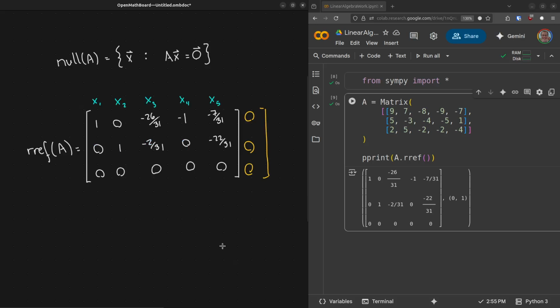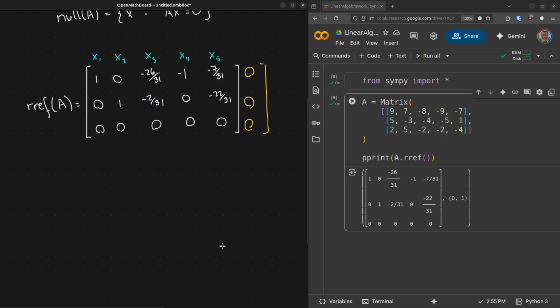All right. So let's call x5, x4, x3 my free variables. So x5, let's call it t. x4, we're going to let be the free variable s. x3, maybe we'll let that one be the free variable r. Okay, and then I could describe my other remaining variables in terms of these free variables. If we look at row 2, we can use that to help us figure out what x2 is.